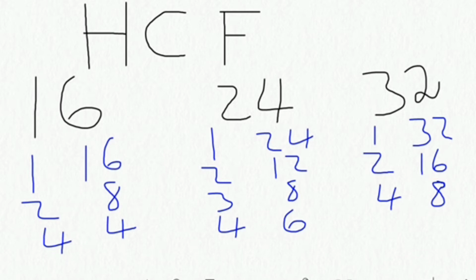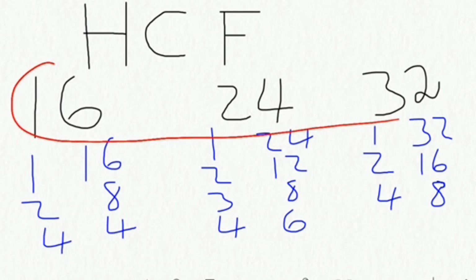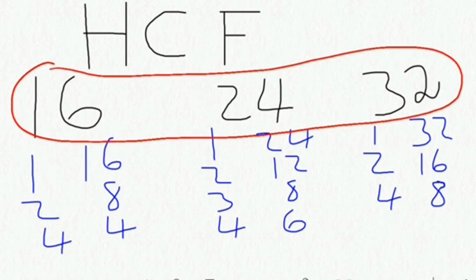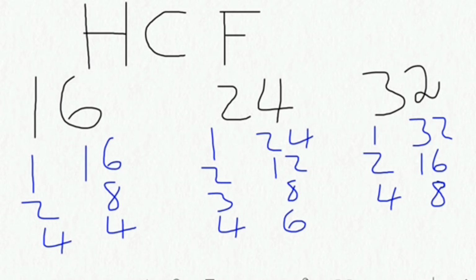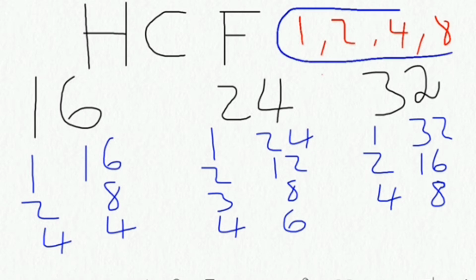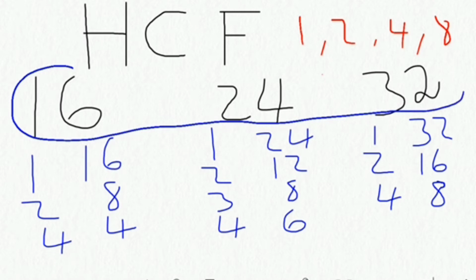So 8 is a common factor of 16, 24, and 32. Now we have found out all our common factors. Let's write them. These are all the common factors of these numbers 16, 24, and 32.